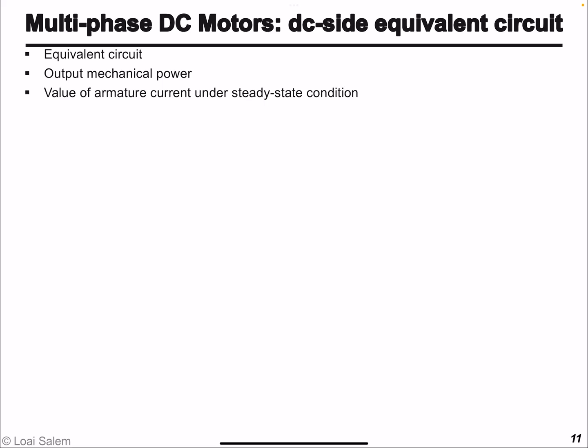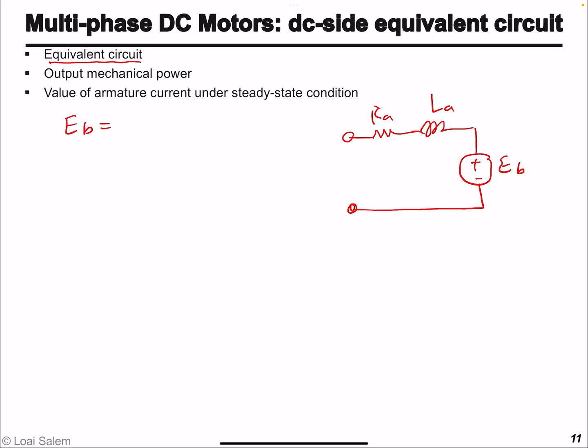So now we can find the equivalent circuit of a brushed DC motor. As I mentioned, we are going to have the equivalent resistance of the motor as the armature, its equivalent inductance, then the internal back EMF, EB, where EB for a multi-phase brushed DC motor is equal to K times omega m, where omega m is the angular velocity.